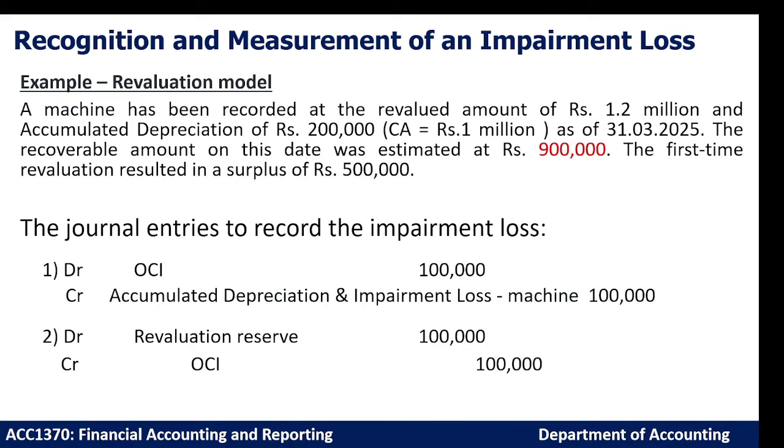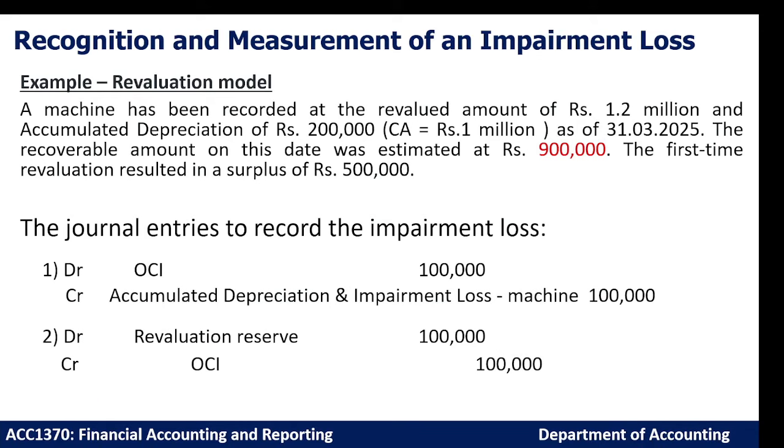Let's take the revaluation model. You may highlight the two wordings, revaluation model. Let's take this example and learn this concept using the example. A machine has been recorded at the revalued amount of 1.2 million, revalued amount, right? And the accumulated depreciation of 200,000.